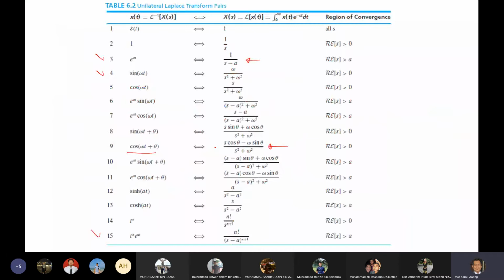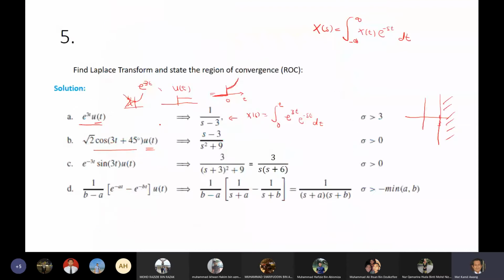This is number 9. What I'll do is this one you use number 3, and this one you use number 9, from the table. Table 6.1 or 6.2? 6.2. So this you use this, so you get this.